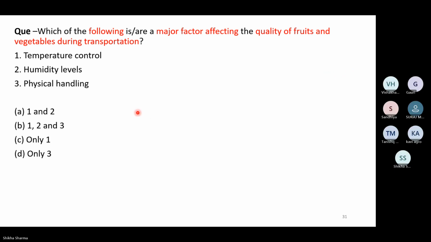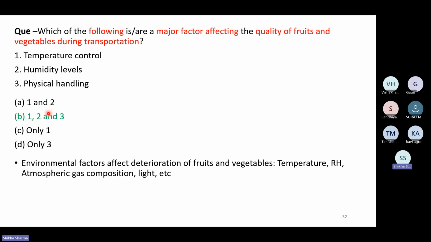D, which is only 3, physical handling. All. So Vishakha is correct that it is all: 1, 2, and 3, all.